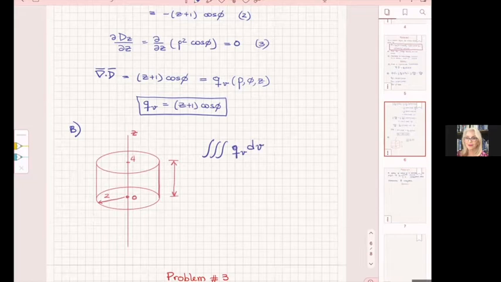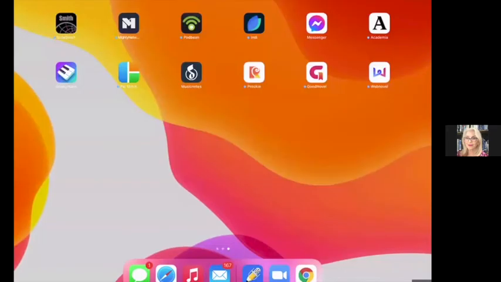And the volume in, what did I give you? Let me go for a second to see how much is the volume in cylindrical coordinates.